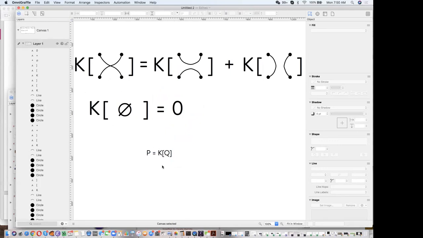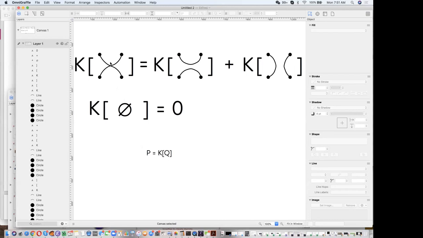Then what we're saying is that the whole knot, which is some process, P, is equal to some context that has at least that crossing, the process that represents that crossing.